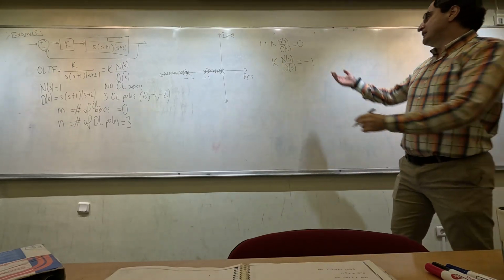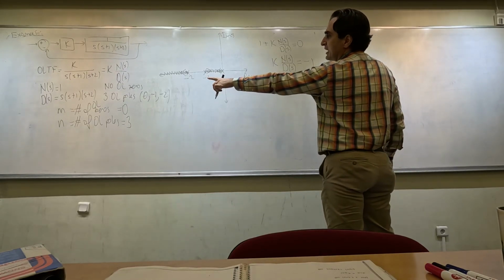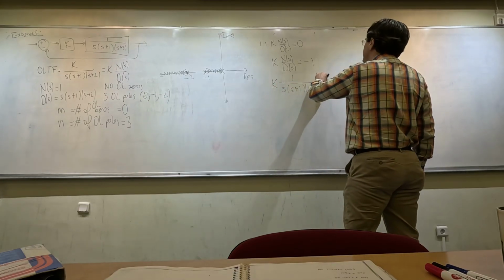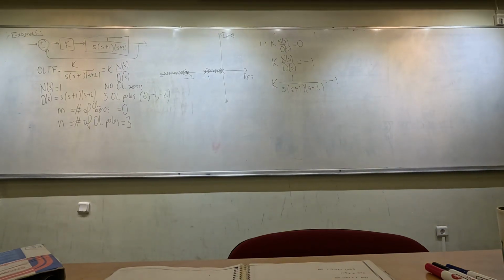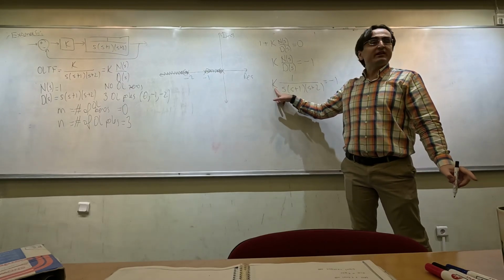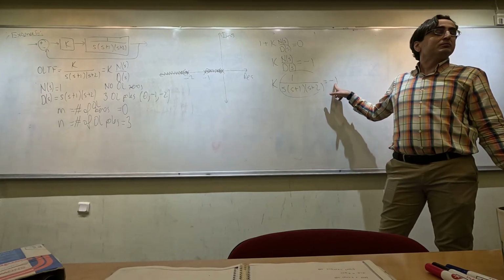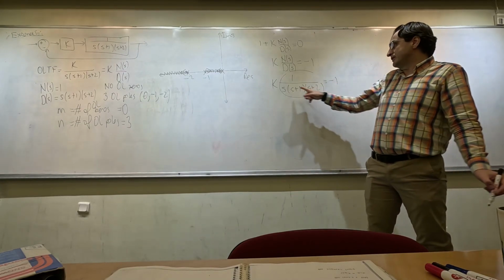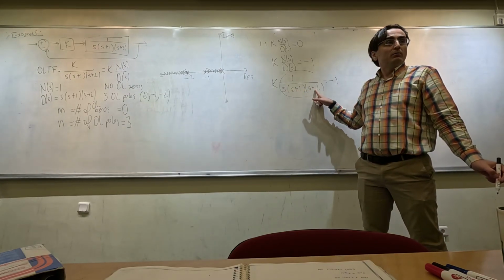And here I can write the following: K, N of s is 1 here, and D of s is s plus 1 and s plus 2. I'm trying to satisfy this equation. And start of the root locus means that K is equal to 0. If K is equal to 0, what should be this ratio so that the result of the multiplication is -1? Infinity. That actually means that s should be either 0, -1, or -2.